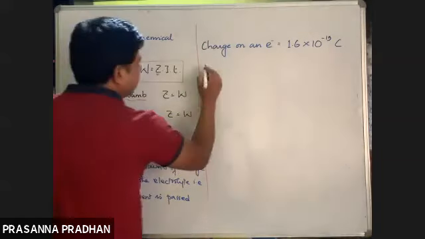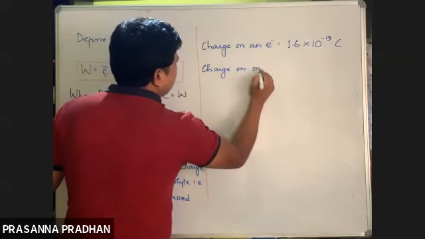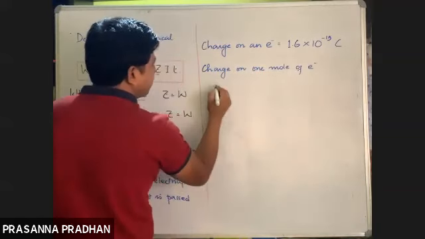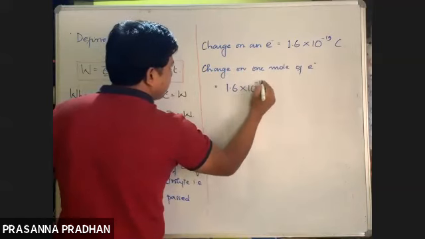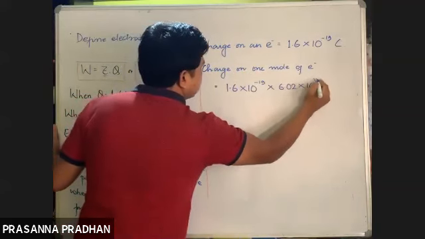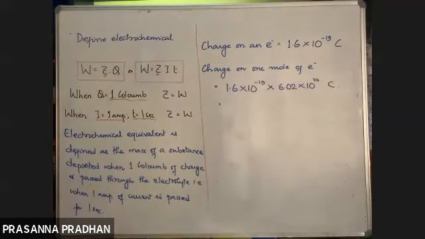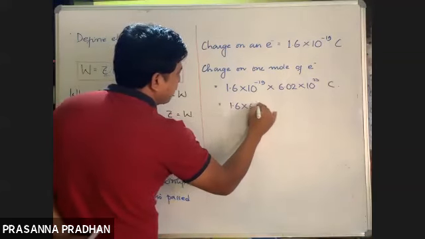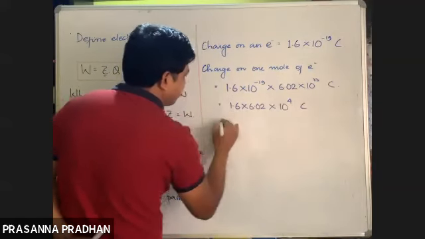So now you calculate yourself what is going to be the charge on 1 mole of electron. So charge on 1 mole of electron means the charge on 1 electron is 1.6 into 10 to the power minus 19 coulomb. 1 mole means Avogadro number of electron. So it is going to be 1.6 multiplied by 6.02 multiplied by 10 to the power 4 coulomb.